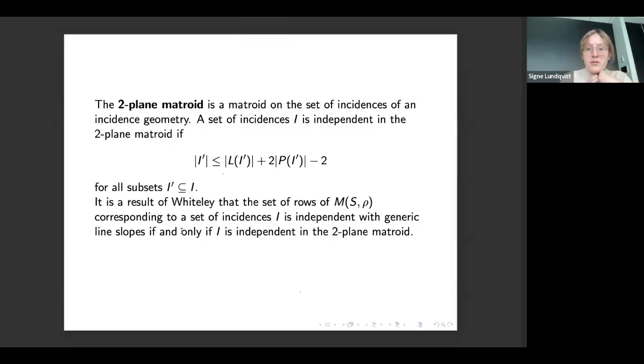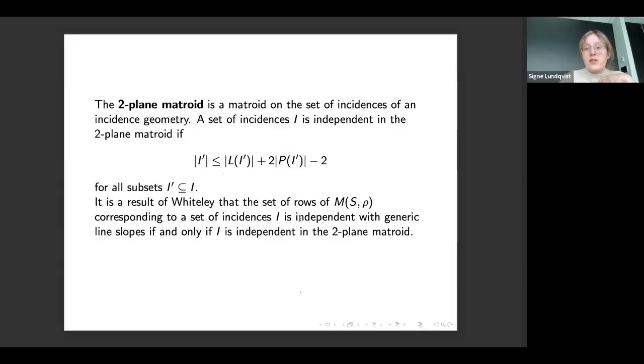So the two-plane matroid is a count matroid on the set of incidences of an instance geometry. So a set of instances is independent in this matroid if and only if this count is satisfied for all subsets of the instance geometry.